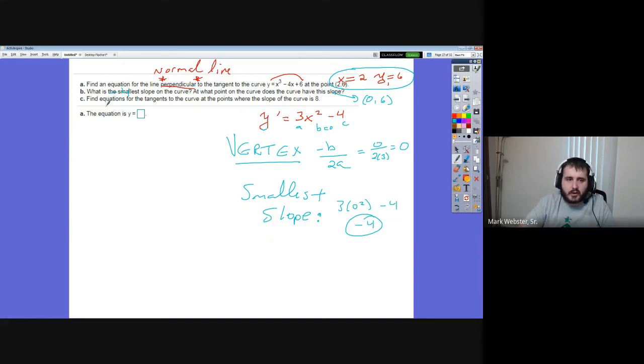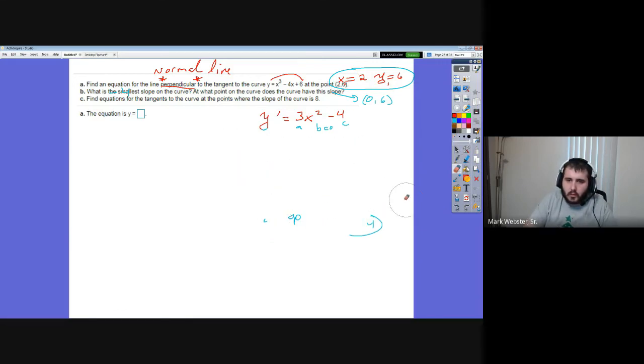And then part C, find the equations for the tangents to the curve at the points where the slope of the curve is 8. So here, again, we're going to use the slope. We're going to say, okay, well, that's got to be 8. Let's find out where it's 8. Where's 3x squared minus 4 equal to 8?